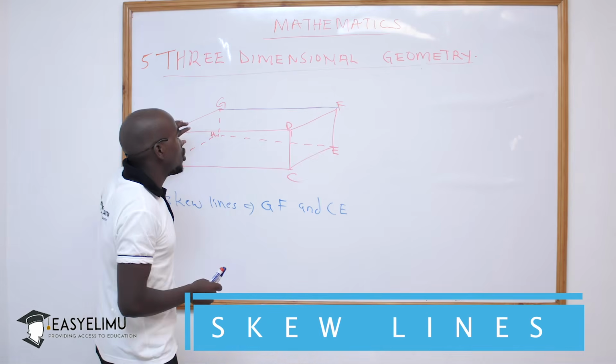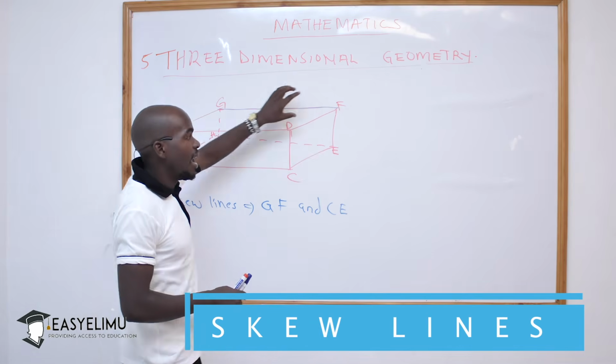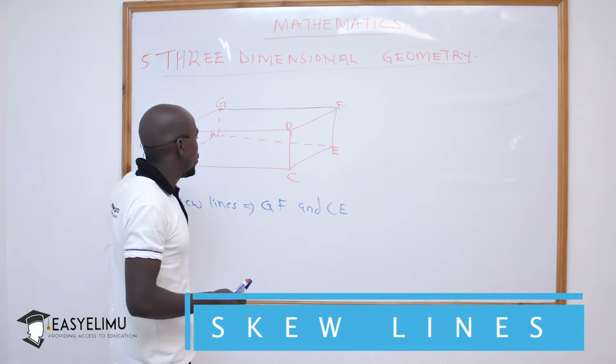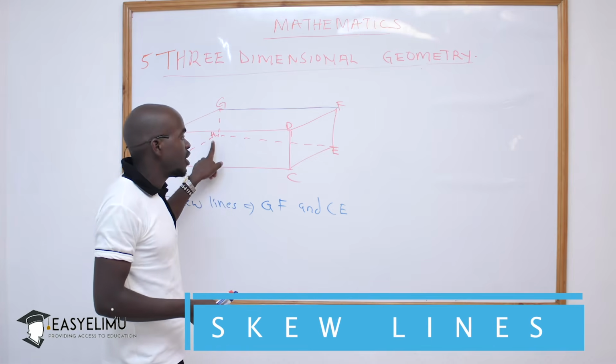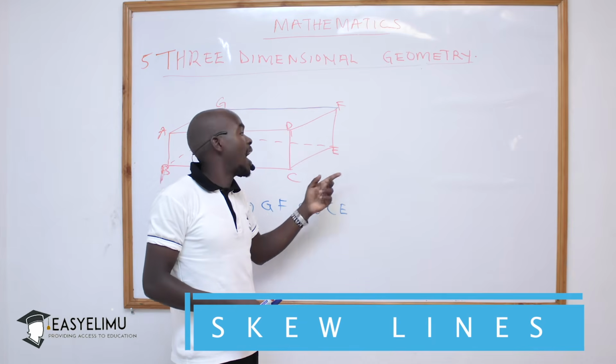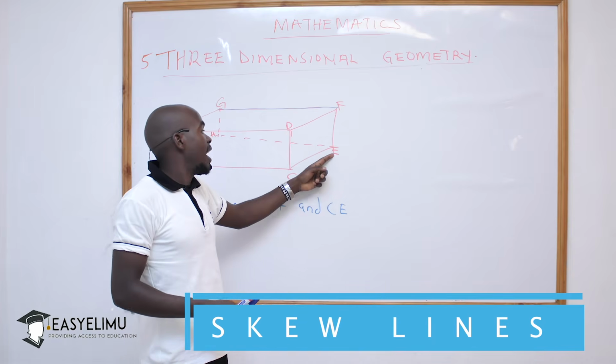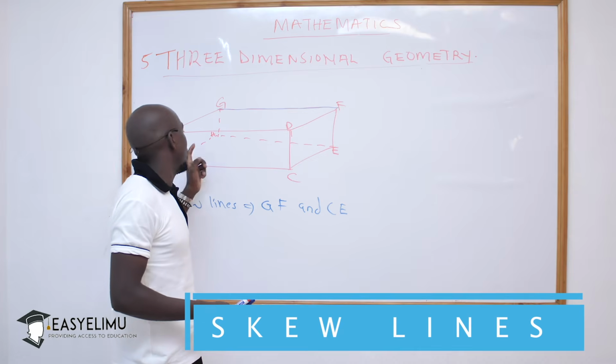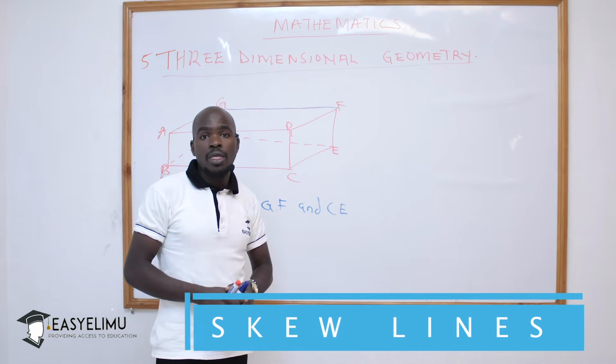For example, you may take line GF to plane BCEH to be line HE in order to find the angle between HE and CE.